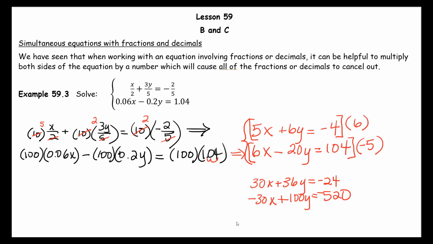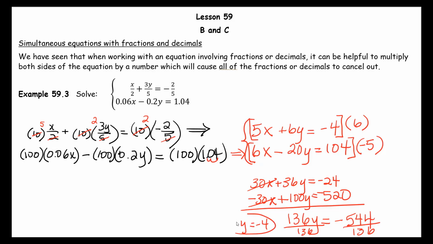So now if I add the two equations together, the x's cancel and I end up with 136y is equal to negative 544. And if you divide both sides by 136, you get -4, so y is equal to -4.